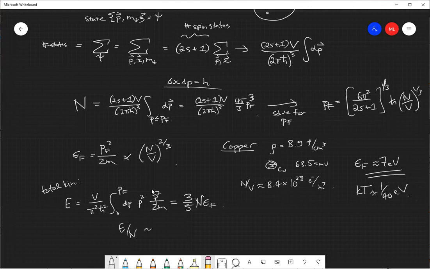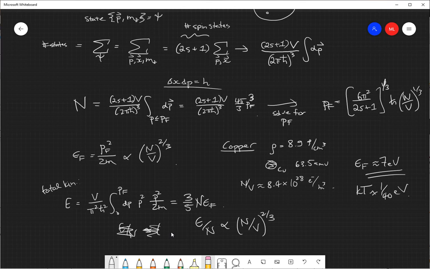And this is where it gets kind of interesting, right? You calculate it by plugging in for the Fermi level, and what you'll find is that E over N, the average energy per particle, will be proportional to the density N over V raised to the 2/3 power.